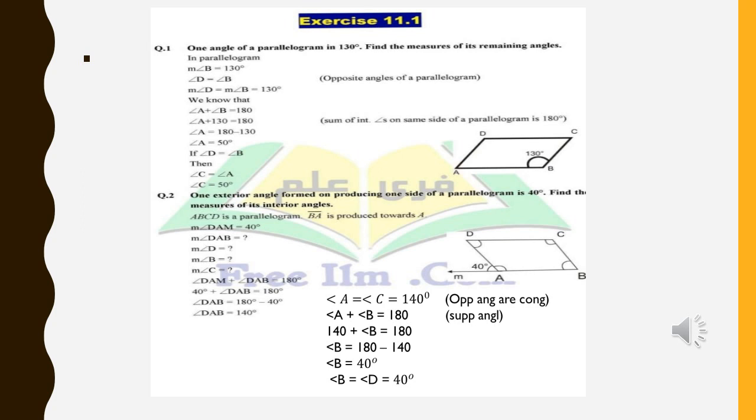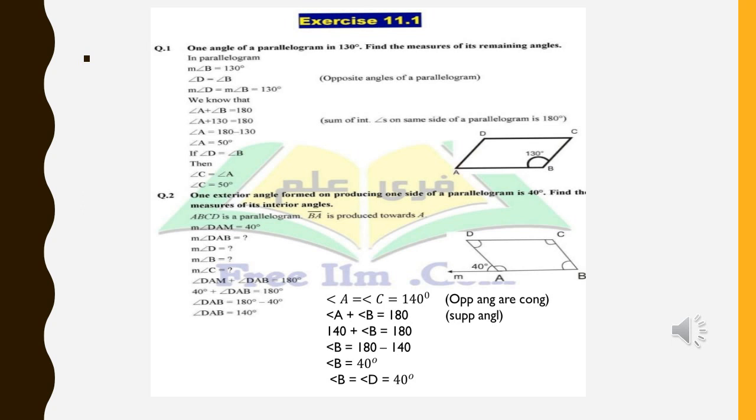It means the angles that lie on the same side will have a sum equal to 180. As you can see in the diagram, angles A and B are supplementary because they are on the same side. So we add angle A and angle B, which is equal to 180. Now put in the value of angle B. As you know, the plus sign changes to negative when we shift the term from the left to the right-hand side. Now 180 minus 130, so angle A is equal to 50.